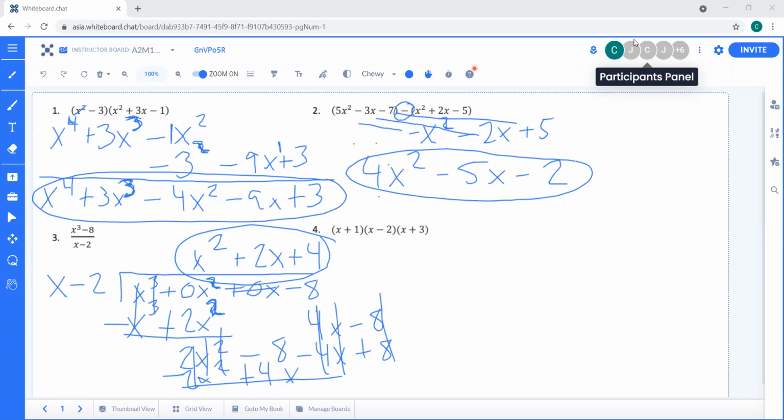Okay, so now we have 3 binomials that we're going to multiply together. Okay, so if we do just the first two, we have x squared. Combine the two middle ones, that will leave us with negative x minus 2 for our last two terms. Now, all we have to do is multiply by x plus 3. Okay, do distributive property.